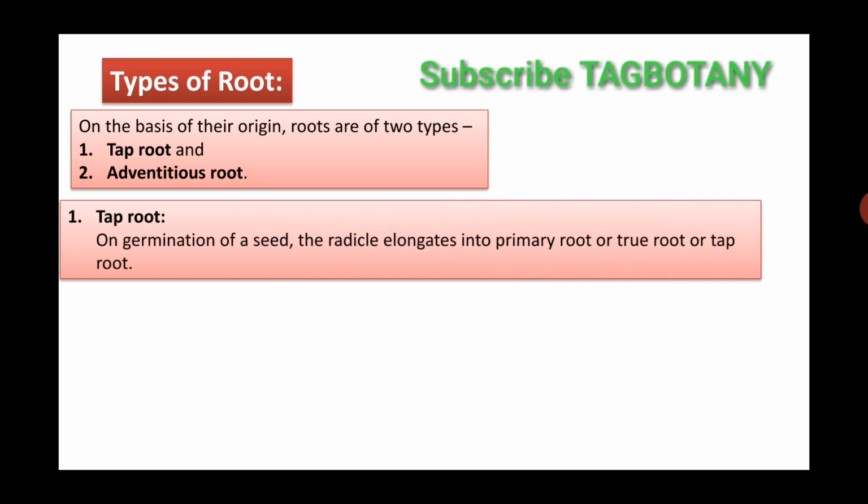Taproot. On germination of a seed, the radicle elongates into primary root or true root or taproot. So the direct prolongation of the radicle is called taproot.